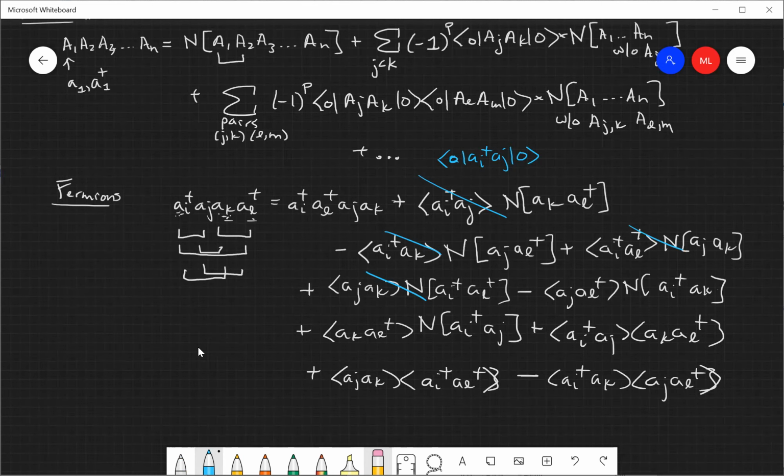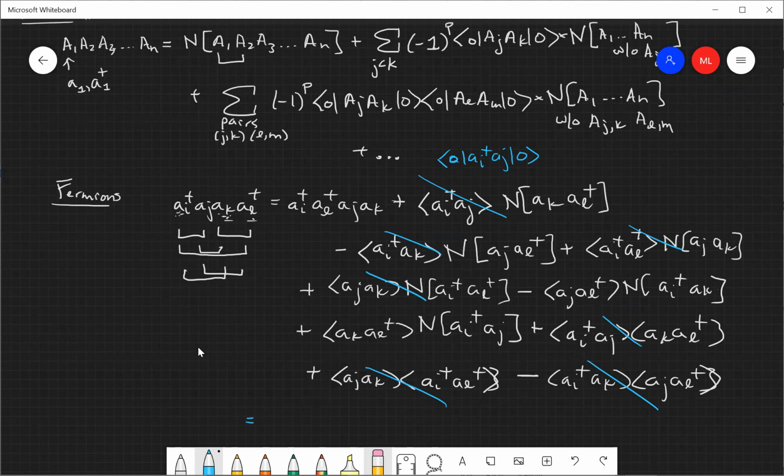This guy may or may not be 0 depending on whether L is equal to J. So you might worry about that. This is 0. This is 0. And this is 0. So you see there's very few things left, right?